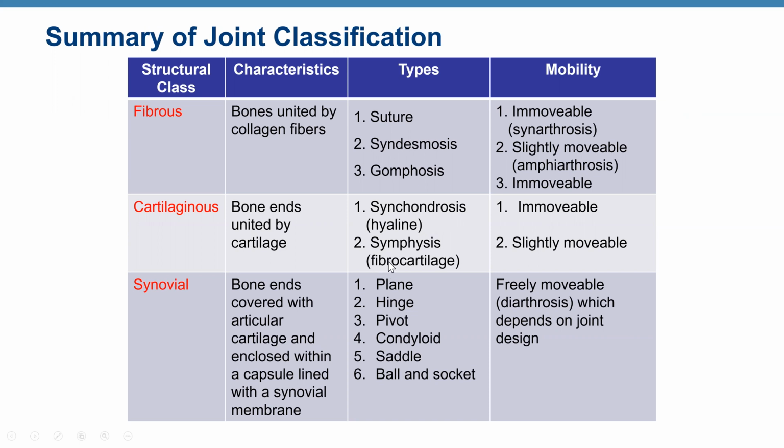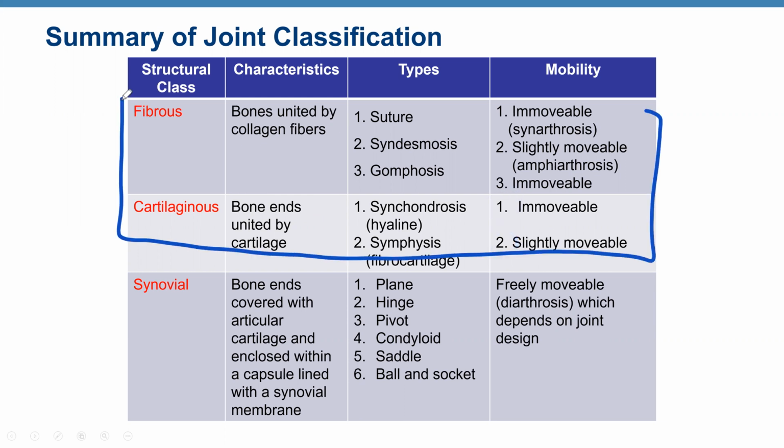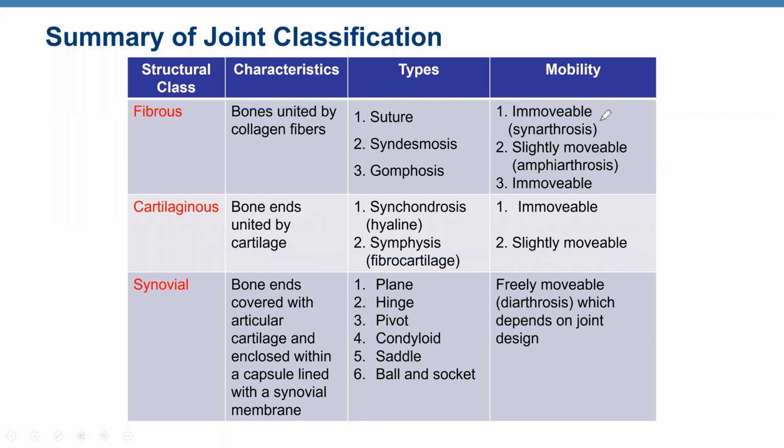If they're united by fibrocartilage, it's called symphysis. And these two types of cartilaginous joints are also synarthrosis or amphiarthrosis. So fibrous and cartilaginous joints by functional classification can be either immovable or slightly movable: synarthrosis and amphiarthrosis.